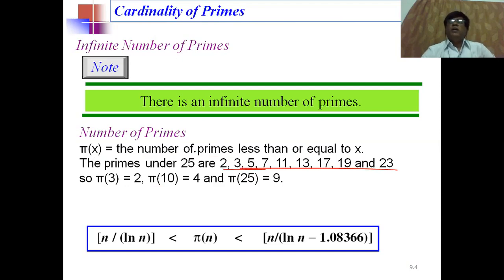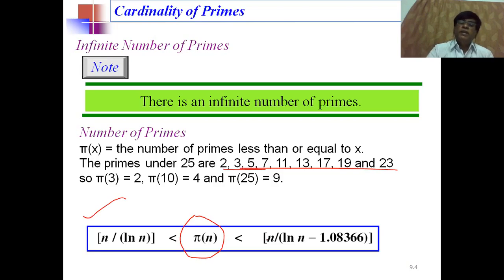Generally, the number of primes can be approximately estimated by using this formula. Pi of n means the number of primes under n.